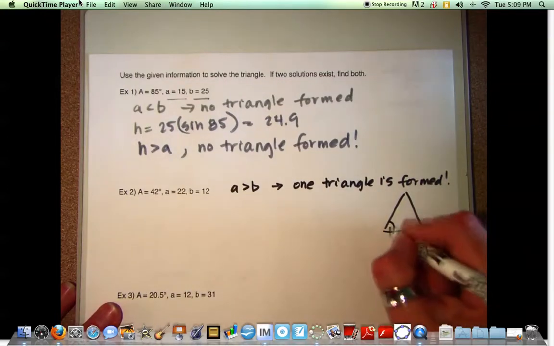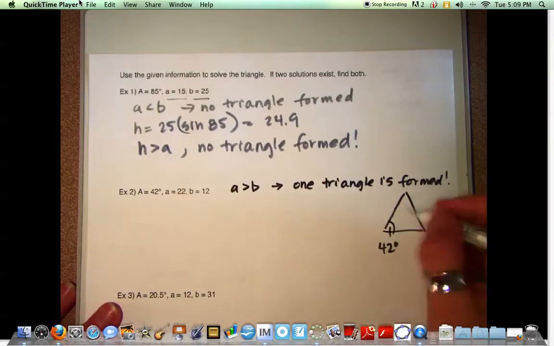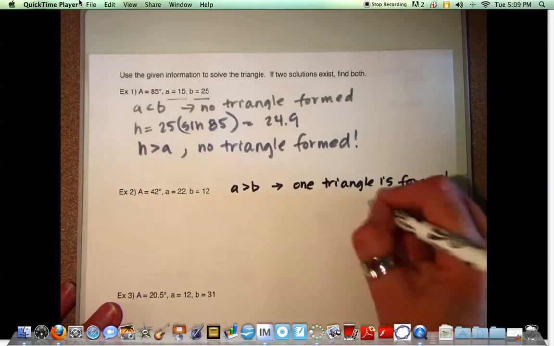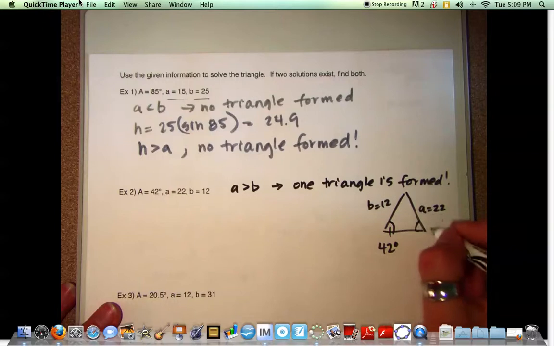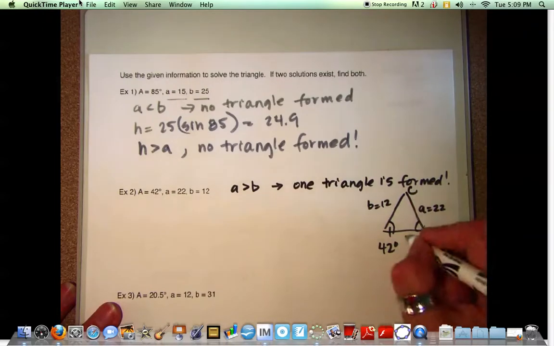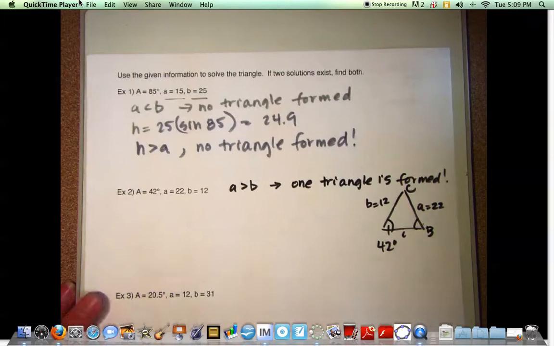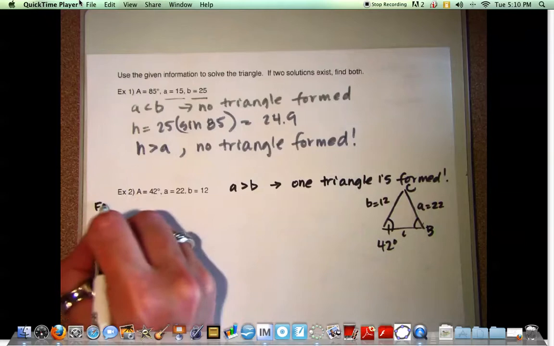A is 42, a equals 22, b equals 12. So we need to find angle B, angle C, and length c. Now that we know there's one triangle formed, we're going to use what we learned yesterday with the law of sines. So first thing that we can do is find B.